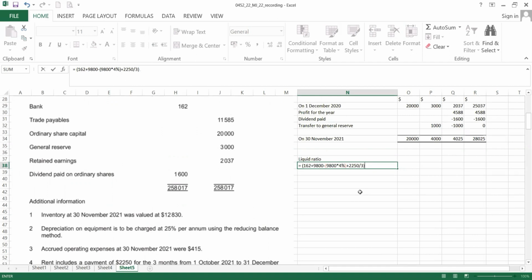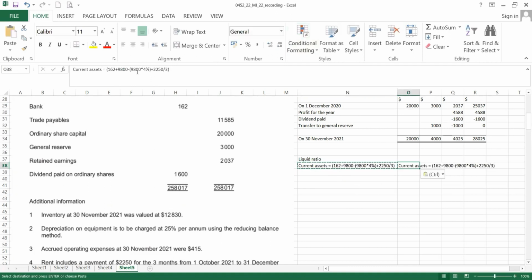Okay, this is current. I put the current asset. So this is the amount that we get.